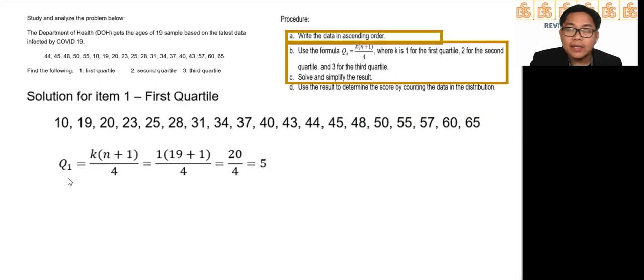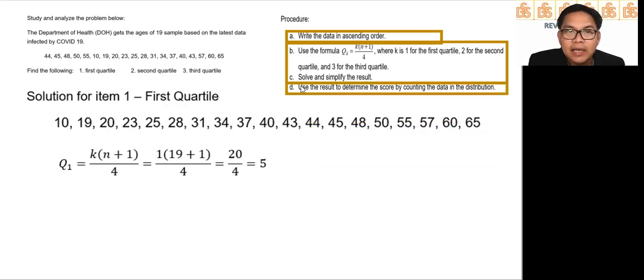So Q1 is K times N plus 1 over 4, where K is 1 and N is 19. Then we simplify: 19 plus 1 is 20, times 1 is still 20, divided by 4 is 5. Does that mean the first quartile is 5?